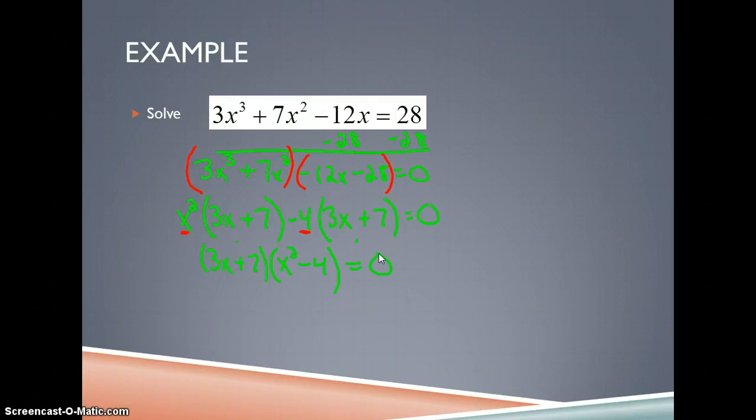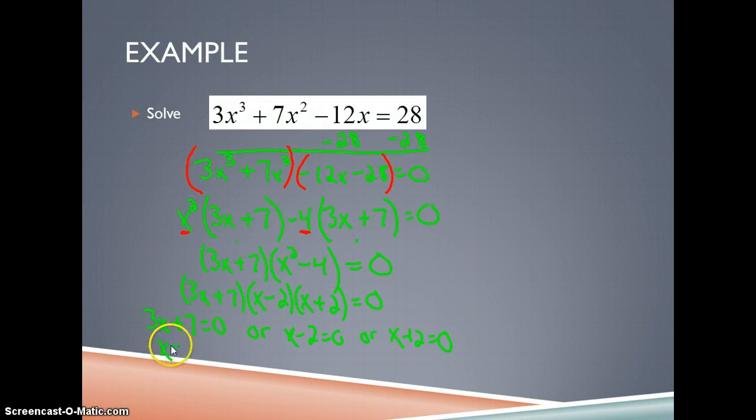Now, this is one of those problems we've seen where we can also now factor the x squared minus 4. We have 3x plus 7 times x minus 2 times x plus 2 equals 0. And we're ready to solve. 3x plus 7 equals 0, or x minus 2 equals 0, or x plus 2 equals 0.